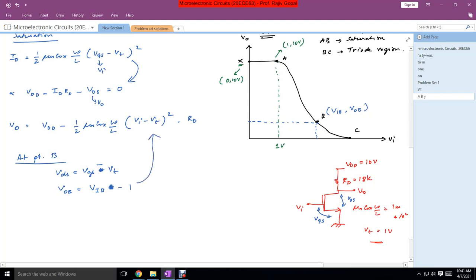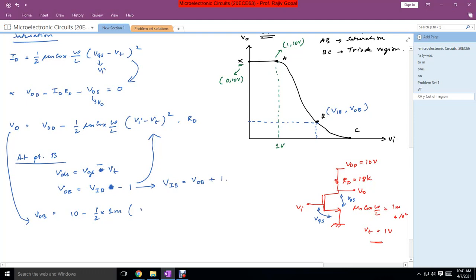From this you will get VOB equals VDD, which is 10, minus half into mu n COX W by L, which is 1 milli, into V. Slightly changing this, VIB equals VOB plus 1. Substitute this here.